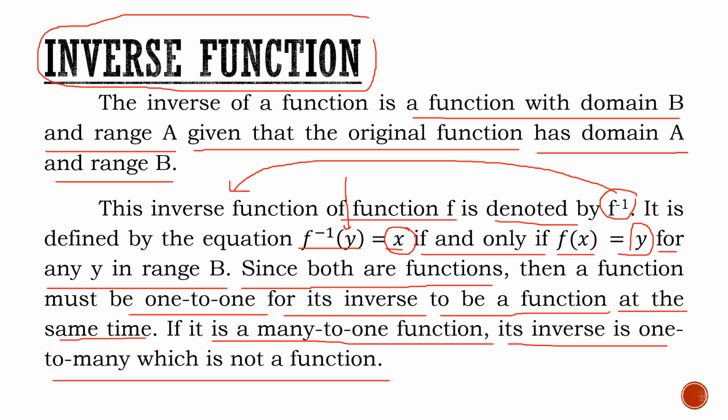That's why, before moving forward in getting an inverse of a function, we really need to check if the given function is a one-to-one function. Because if not, then we cannot move forward in finding the inverse function of the given function. Only a one-to-one function has an inverse function.